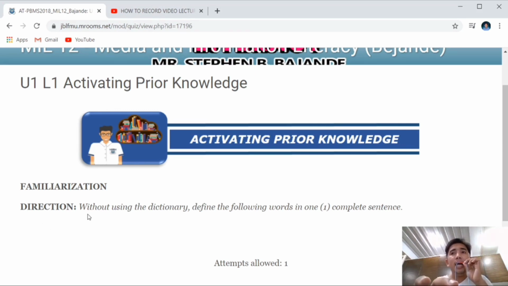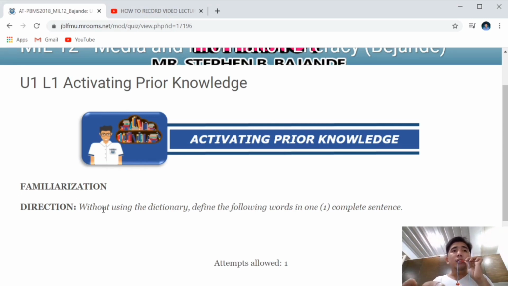The direction of the activity is familiarization. The instruction is: without using a dictionary, I'm not requiring a dictionary. I just want a definition that will come from you, in your own words, on your own idea, coming from your brain, from your mind.